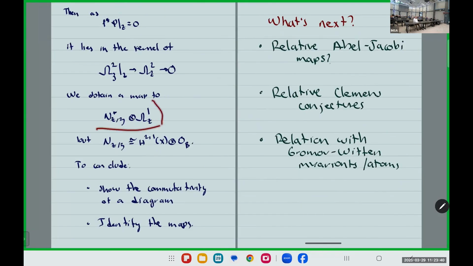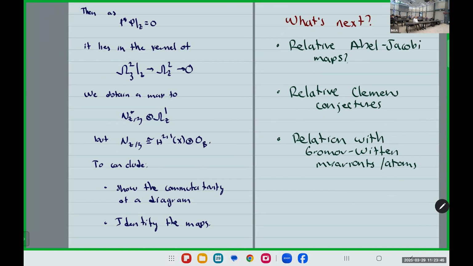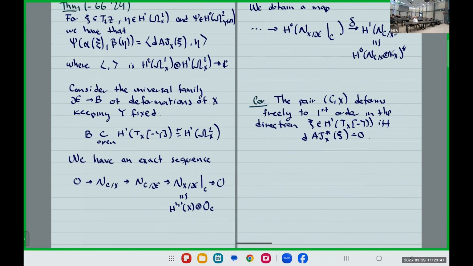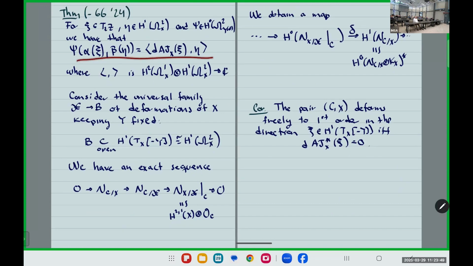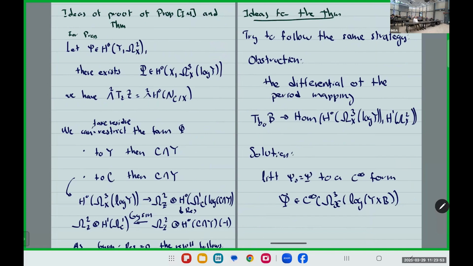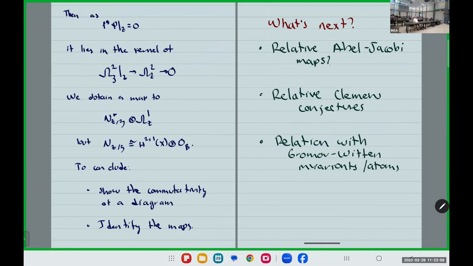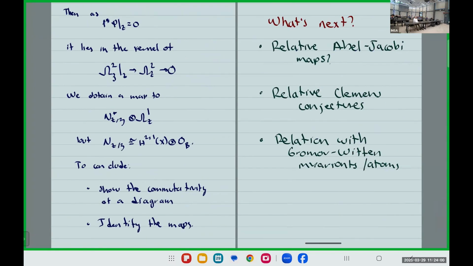This is basically, we have something like this, and you can identify that you will have this formula. So it's based on the idea of this proposition, but you will have much more details.